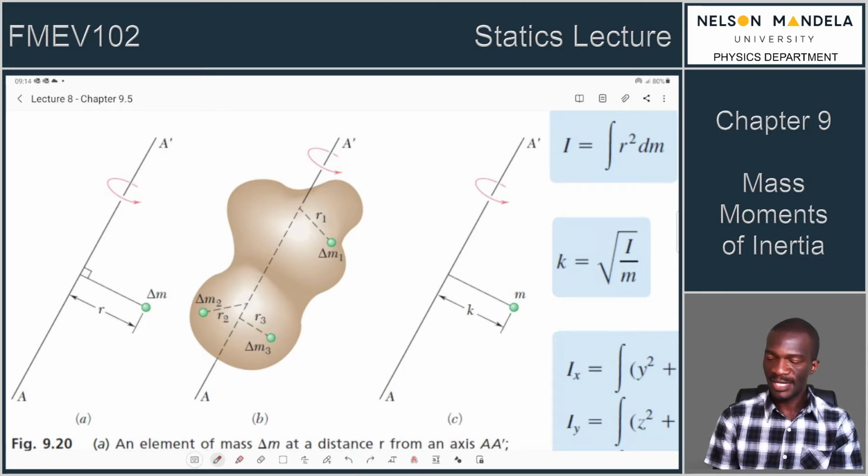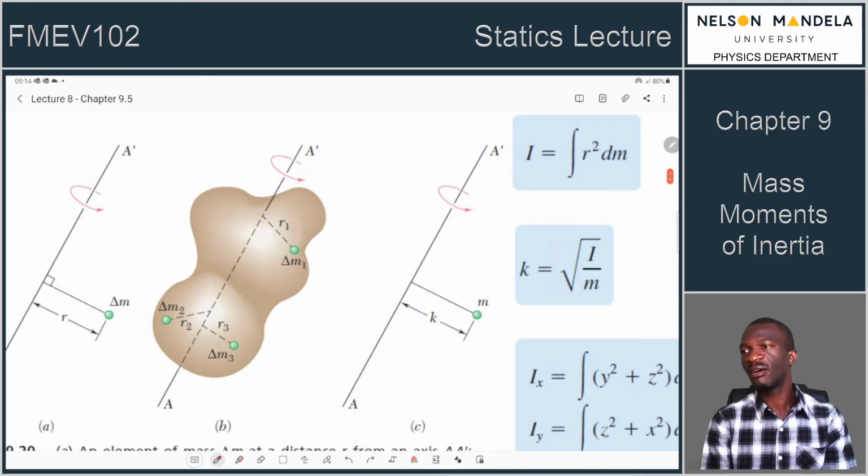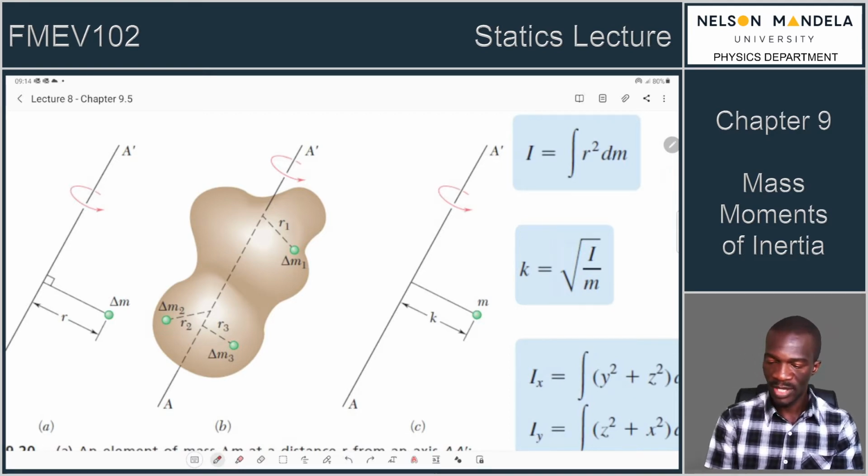If we had just one of the particles that make up that object, it's obvious that we would find the mass moment of inertia using our equation: I is equal to the integral of r squared dm, where this would be our dm. So now if we have a complete object, we need to sum them up, hence the integration.